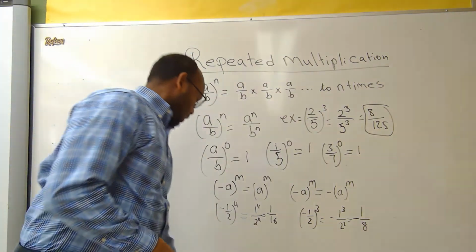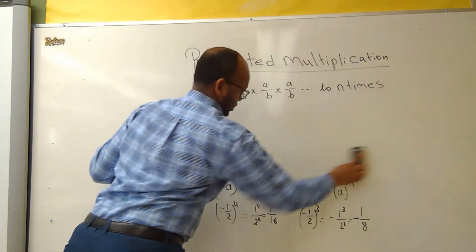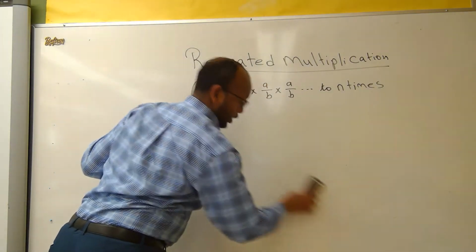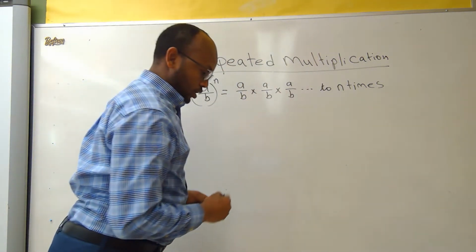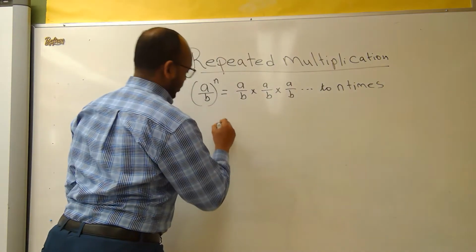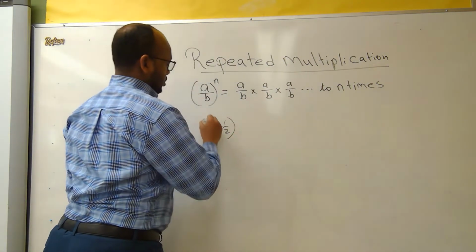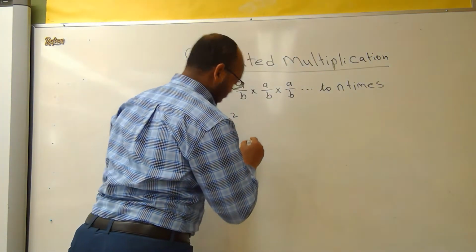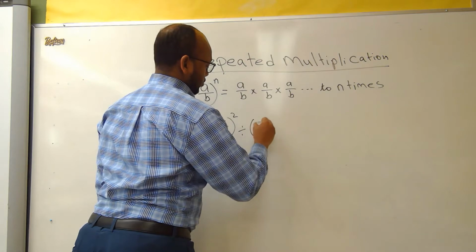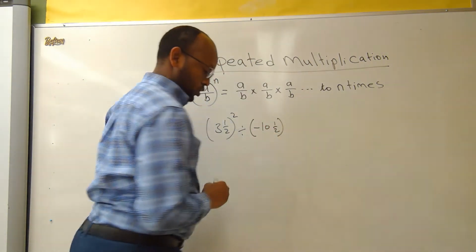Let's take another example. Then we have 3.5, this is called an improper fraction, squared, then we divide it by negative 10.5 all power.